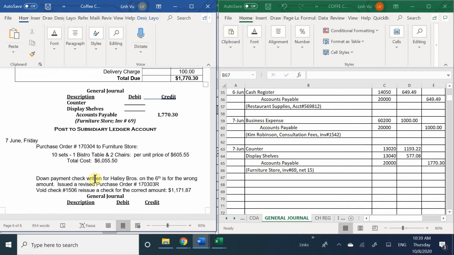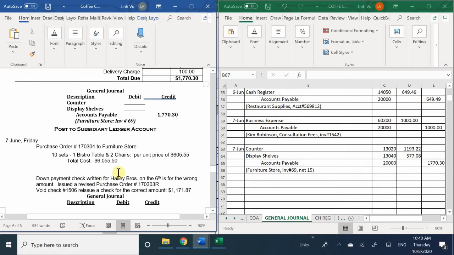We made another purchase order. Okay. So here, yes, we decided to do another purchase order for 10 bistro tables with a set of 2 chairs, okay? Per unit price is $605, so because I'm getting 10 of them, that brought me up to $6,055.50, quote.